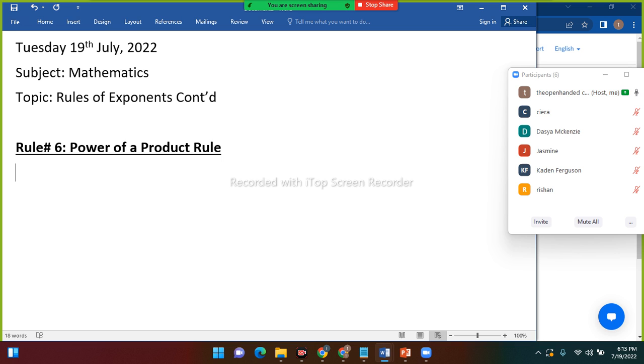This rule will be able to help us with that question that we left behind and didn't do.